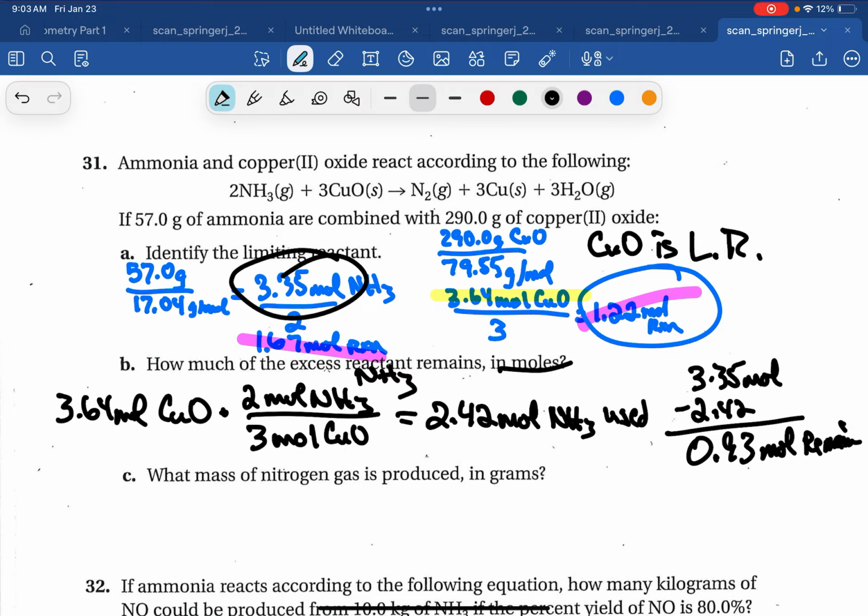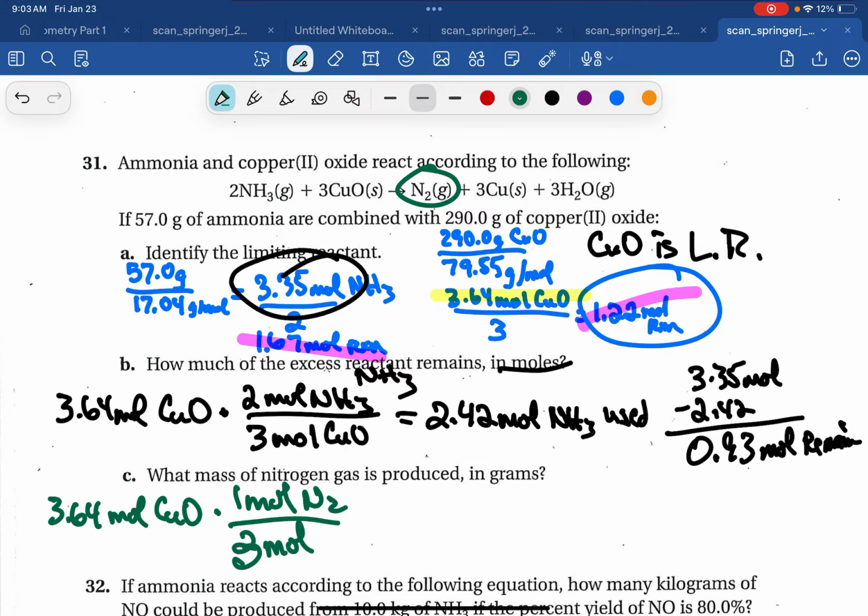All right, so now we need to find what mass of nitrogen gas is produced. So if I start with my 3.64 moles CuO times, I'm looking for N2 now, 1 mole N2 over 3 moles CuO.